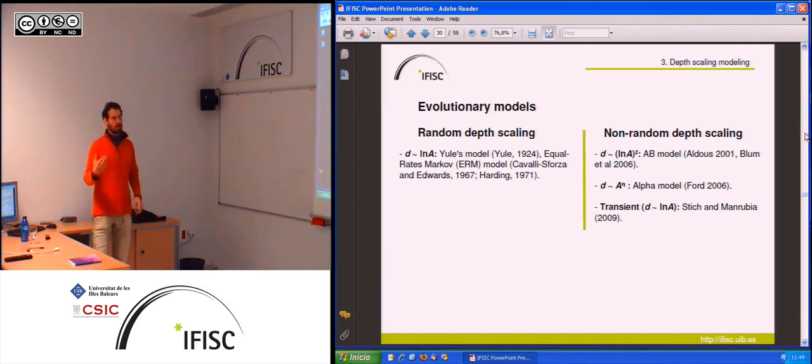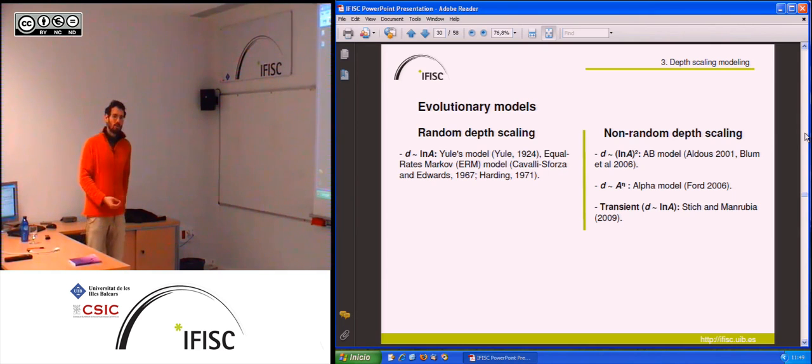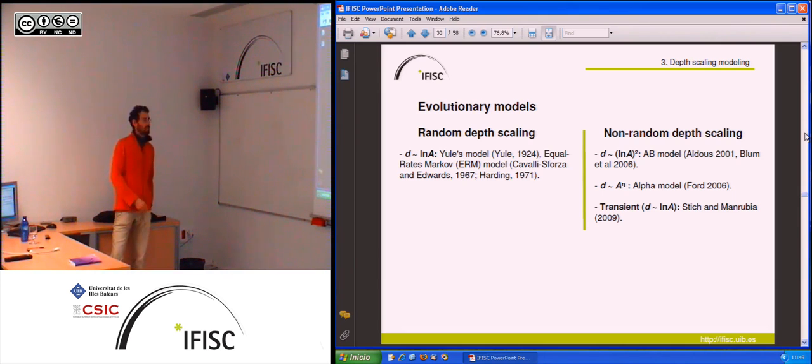But our idea was, since we found general scaling at gene level and at species level, our main goal was to see if this model could explain not only macroevolution but also gene phylogenetic trees, and which mechanism could relate our model with gene evolution. That's why I thought that maybe we can consider deleterious mutations.